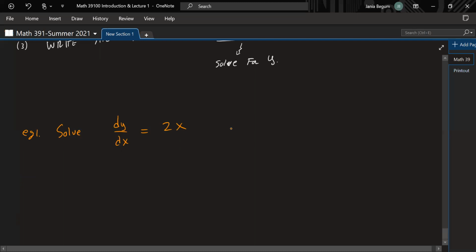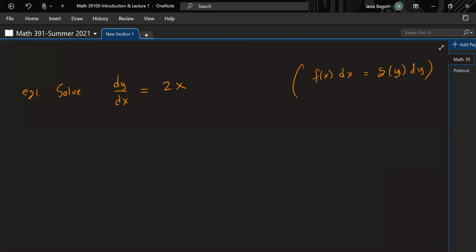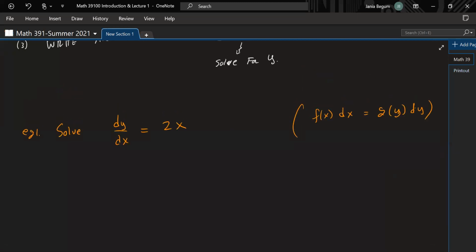And I claim that this equation is separable, which means I want to write a function of x with dx, and a function of y with dy. It could be on either side, but the idea is you're able to separate them, and then you can integrate both sides with its respective variable.